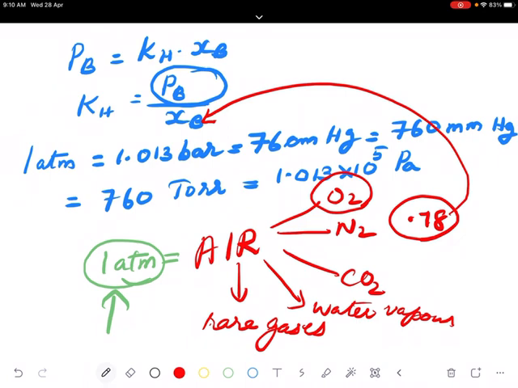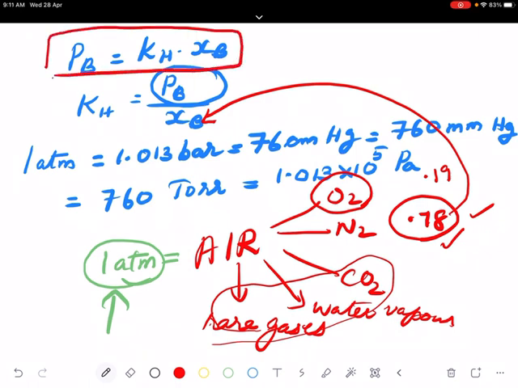Oxygen has 0.21 and the rest is other gases, but the main quantity of air is nitrogen. So you can find the mole fractions of different gases from air, and using these mole fractions you can find out different data. 99% of questions will be asked on the basis of Henry's law in the general form.